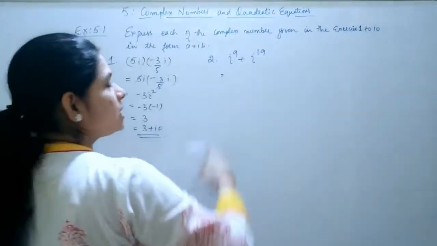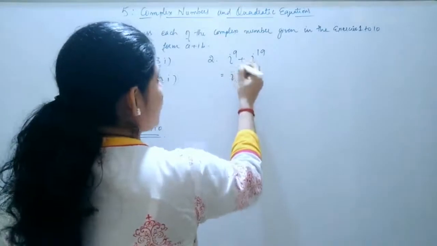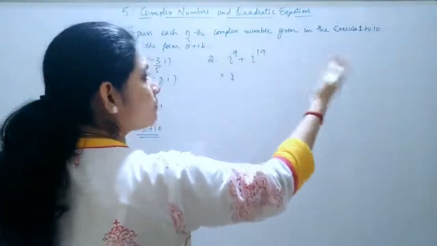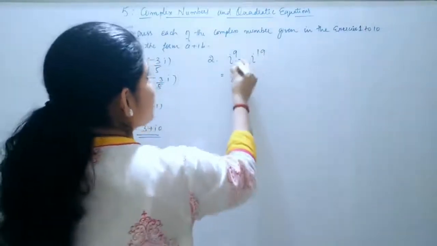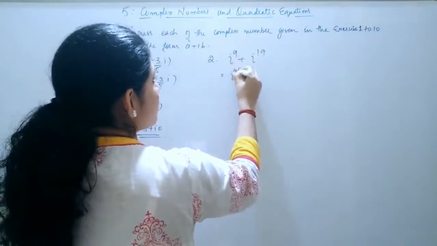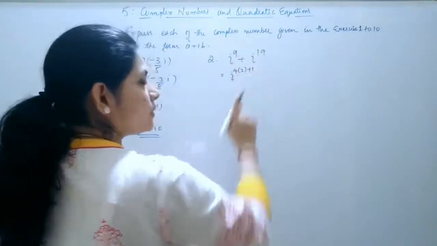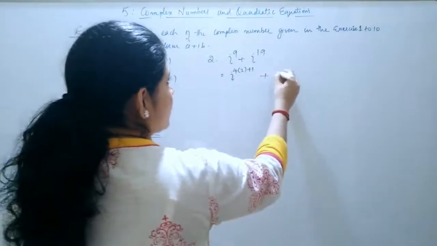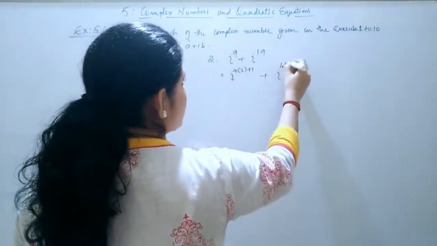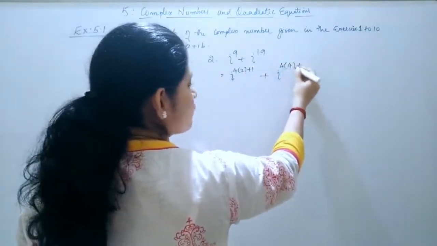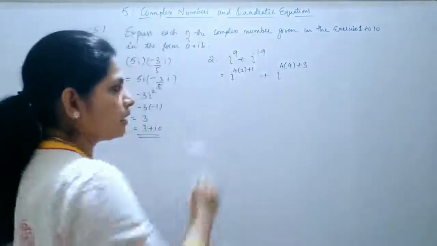So here we need to write the power of i as a multiple of 4 plus 1, 2 or 3. Here 9 can be written as 4 into 2 plus 1, and i raised to 19 can be written as 4 into 4, which is 16, plus 3, 19.